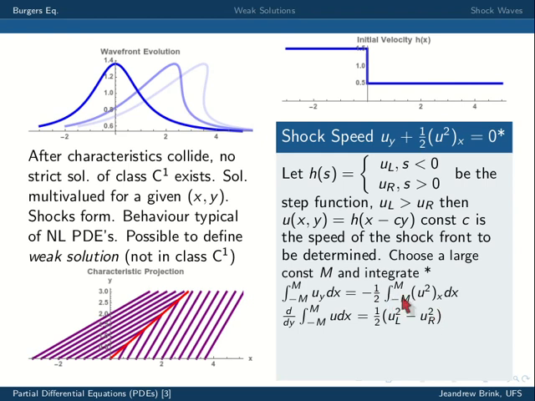If we evaluate it at minus m, so we're evaluating it over here, it's u left squared, minus, and then minus because it's the negative part of the integral, so it's plus a half u left squared. So the averaged value changing in y is simply the difference between the two speeds on the left and the right. And that we can kind of expect because the one is faster and it's catching up on the one that's slow, so the difference is to be expected.